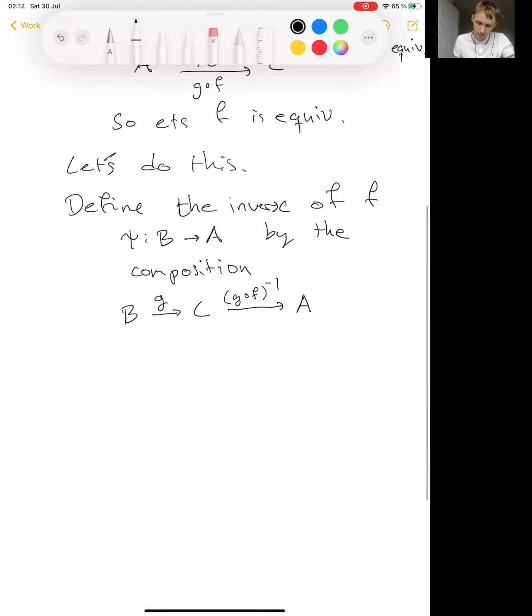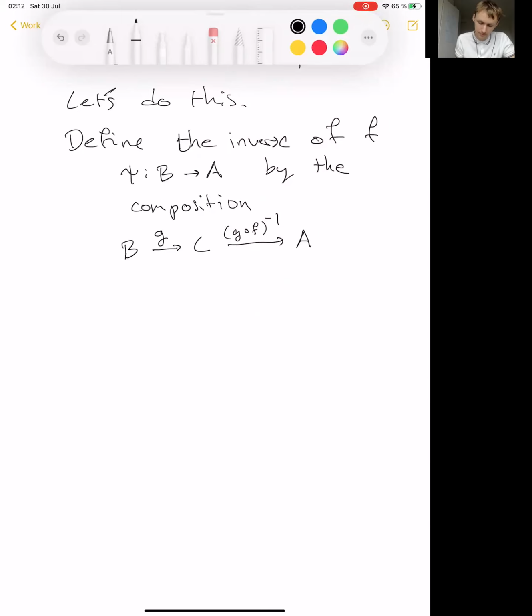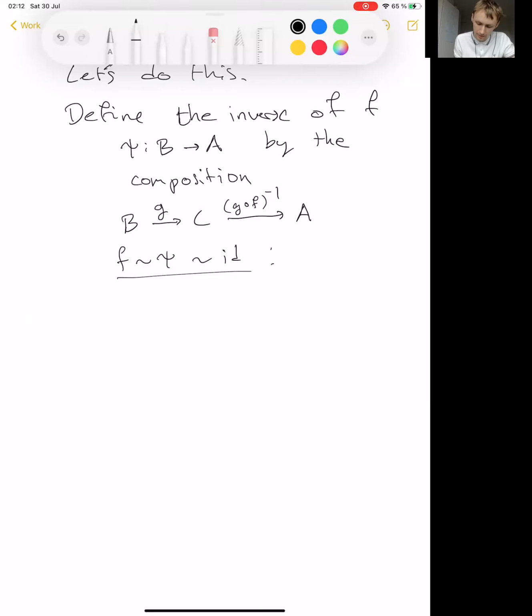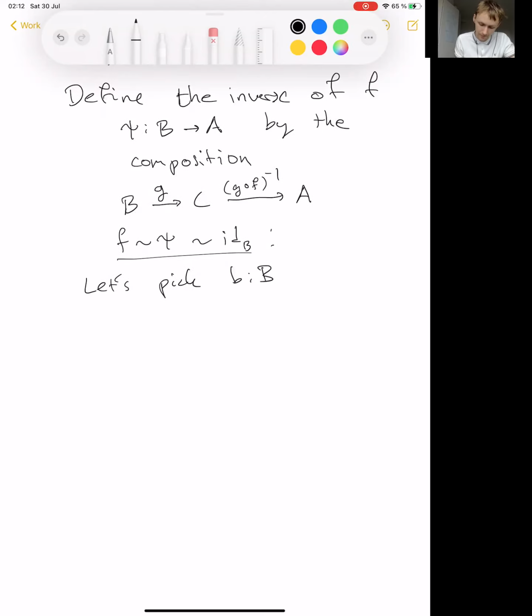All right. So let's show that these maps cancel out. Let's show that f composed with psi is the identity on B. So let's pick some b in B. Here's a fact.